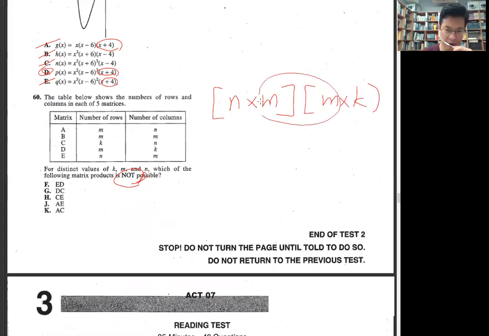This one, the number of rows and columns, each 5 matrix, not possible. So when you have, let's say, e times d, E is m by m, and d is m by k. So the middle has to be equal, so this is good.